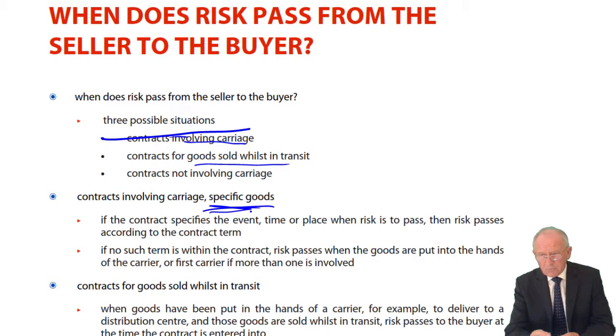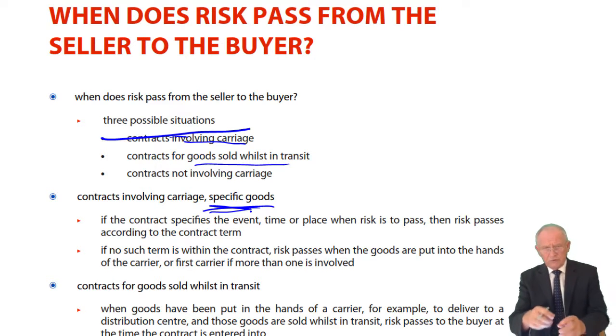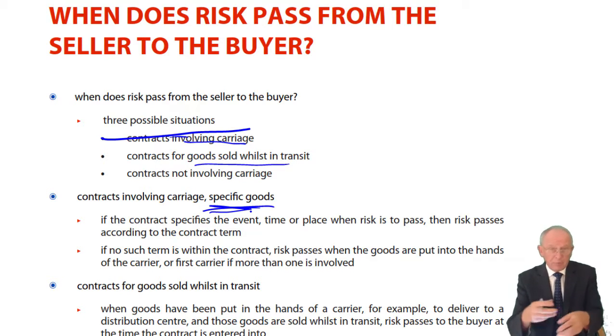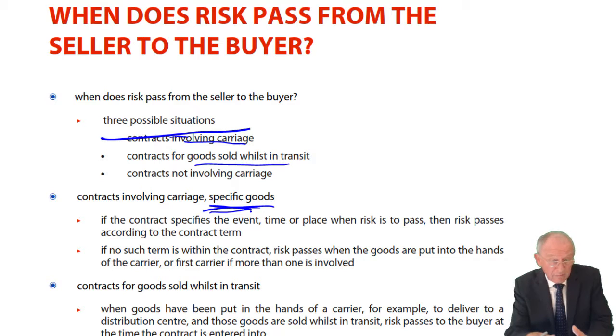Now, sometimes unconditional appropriation will simply involve taking them out of inventory, wrapping them up and saying to the buyer, there you are. Sometimes it will involve taking them out of inventory, wrapping them up, weighing them in order to determine price, and then saying to the buyer, that will be 15 euros.